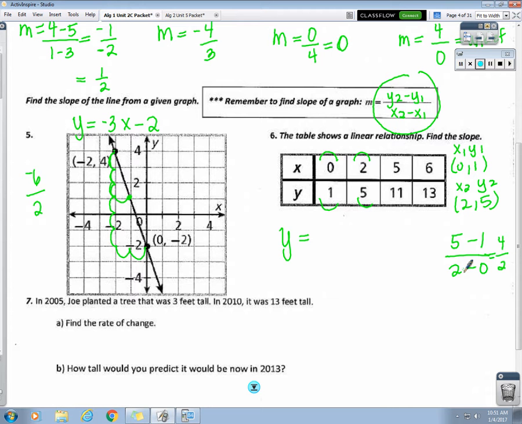Because 2 minus 0 is just 2, and so that reduces to 2 or 2 over 1. So there's your slope. Okay, now how do you find your y-intercept given a table? Right, you look for where x equals 0. Isn't that your point that would be on the y-axis? So your y-intercept is positive 1.